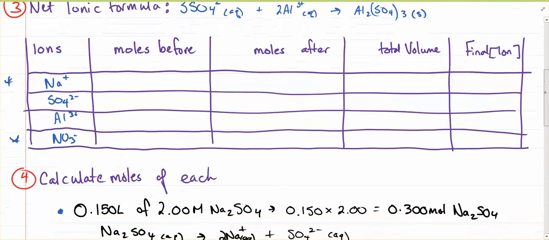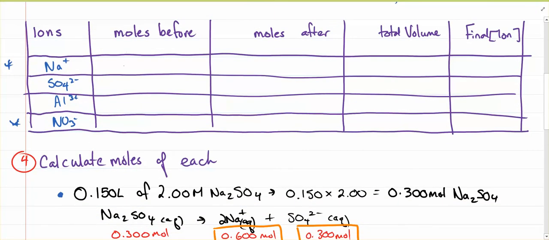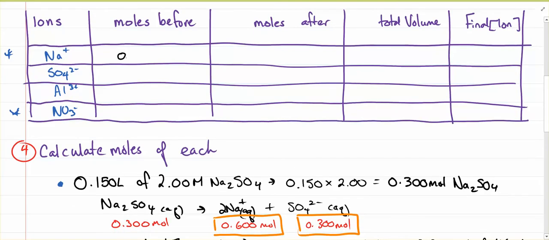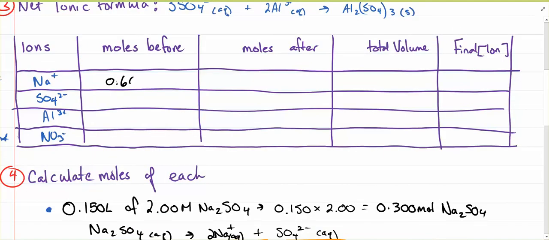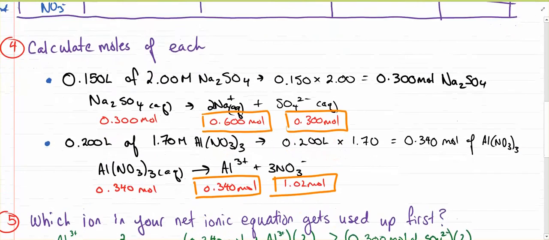And those numbers I'm going to place up in my chart. So for my sodium, it was 0.600 moles, and for my sulfate, 0.3 moles.